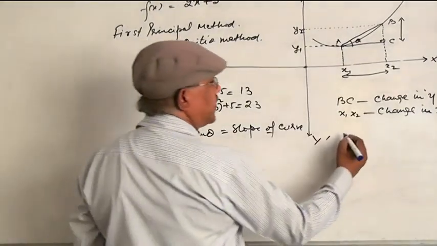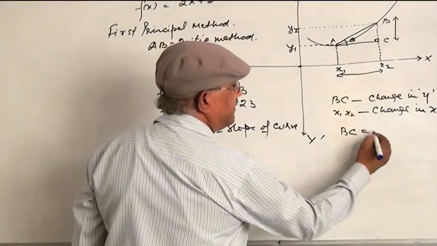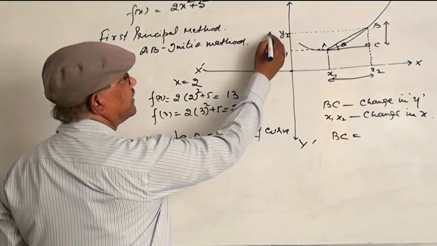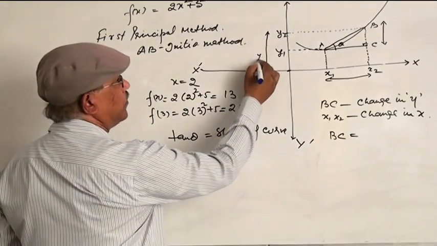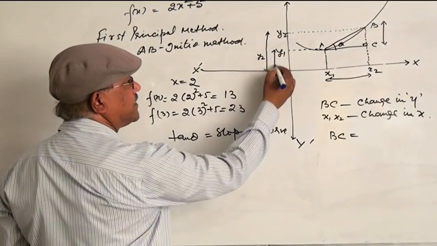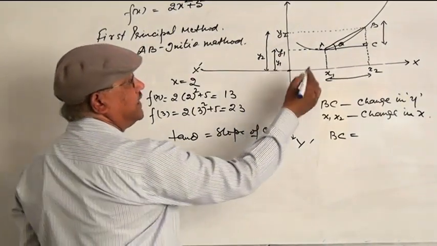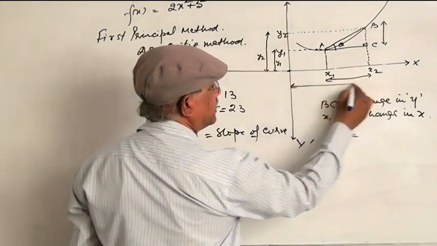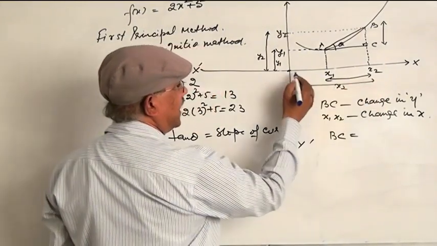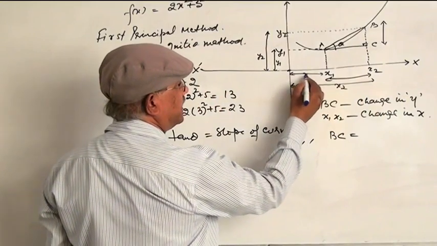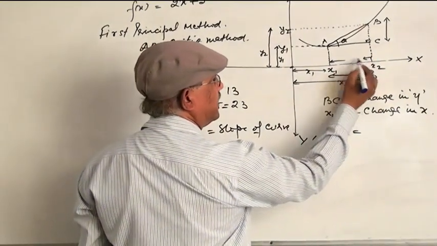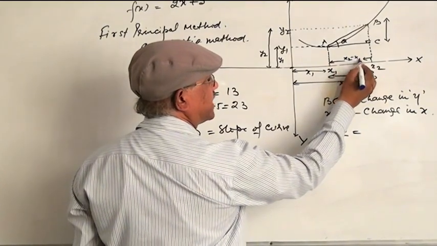We know the value of BC. BC will be equal to y2 minus y1. In the same way, from here to this side, the value is x2 minus x1.